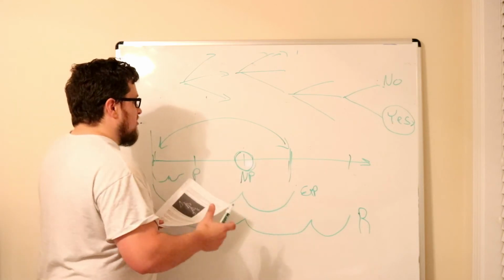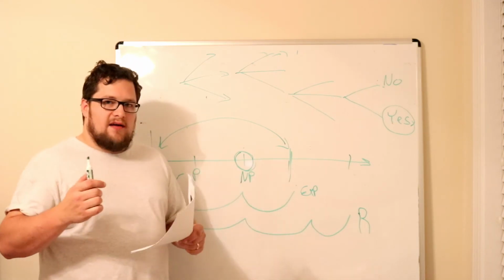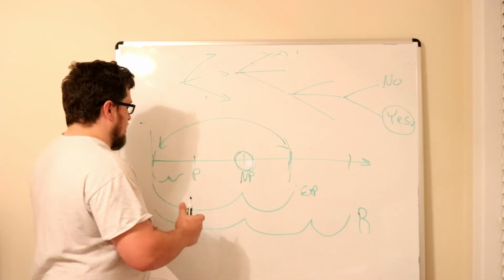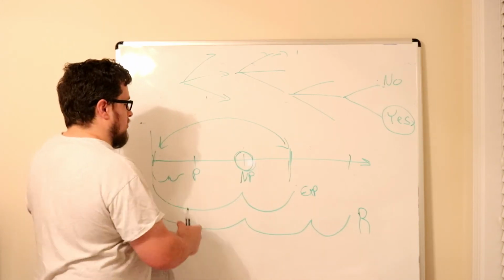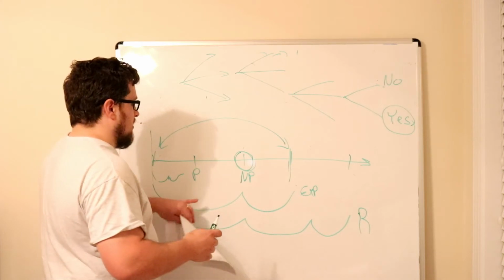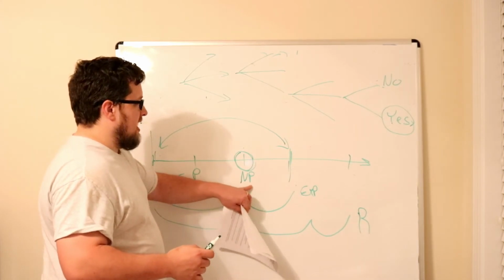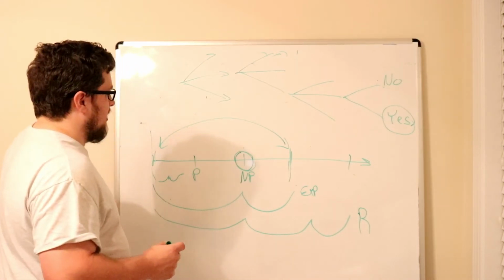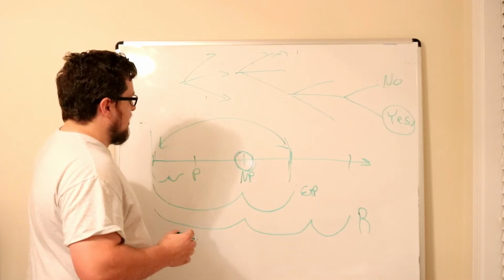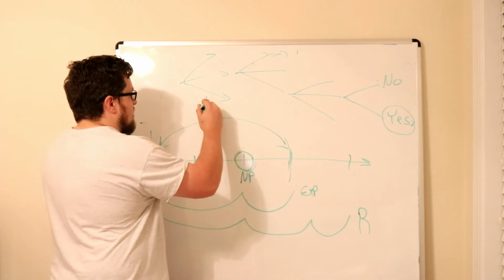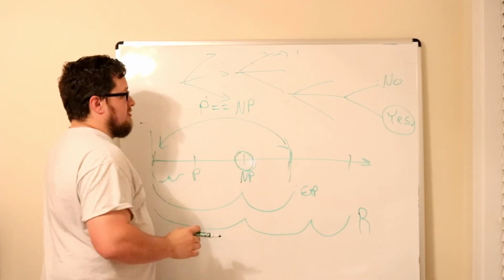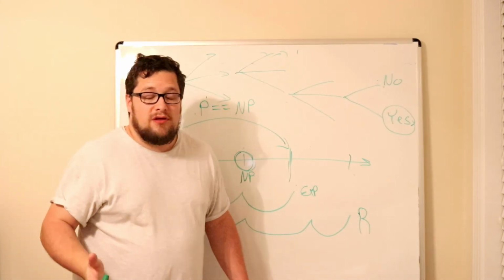So NP basically means that we have a decision problem with solutions that can be checked in polynomial time. So we end up with this dash here. And the one thing that I will say is, can we say that P is equal to NP? And the answer is, who the heck knows?